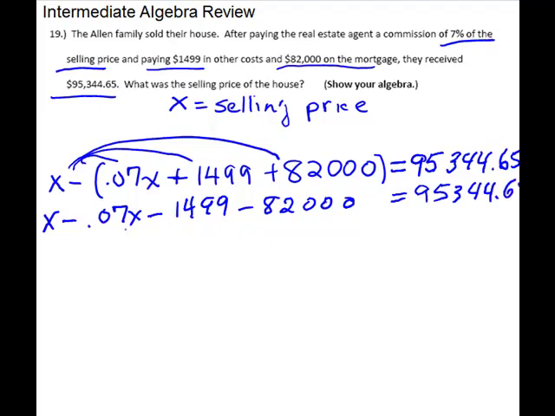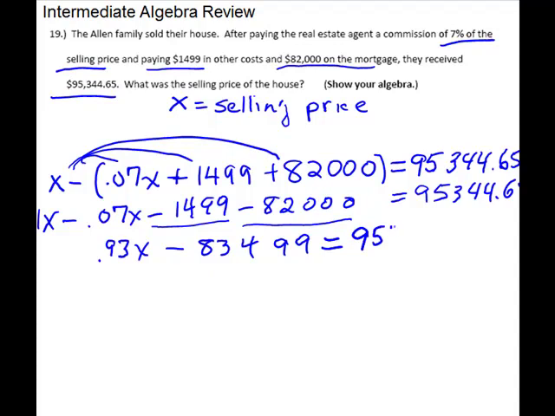So your x minus 0.07x, remember your coefficient here is a 1, so this will give you 1 minus 0.07 is 0.93x. And our expenses here, we'll combine those to get minus $83,499 equals, I'm going to move it over a little bit, just have more room, 95,344.65.